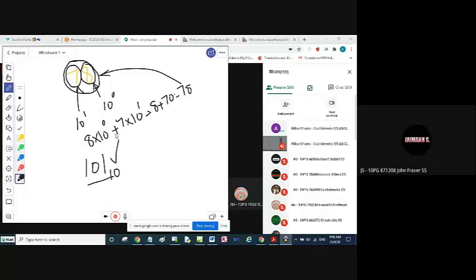If I tell you 101, is it valid in base 2 or binary? I'm going to write it like this, base 2. What are the valid digits in binary?